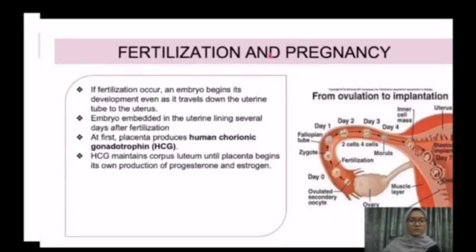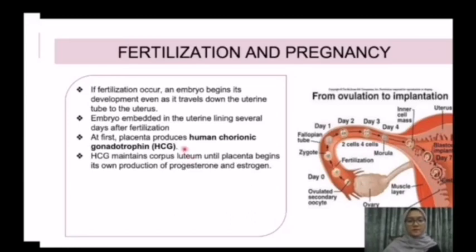For fertilization and pregnancy, if fertilization occurs and embryo begins its development, even as it travels from the uterine tube to the uterus, and several days after fertilization, embryo is embedded in the uterine lining.